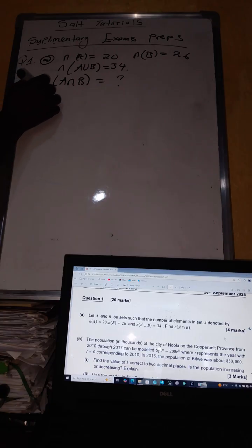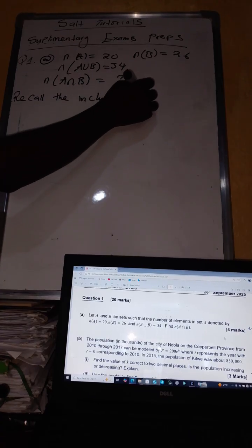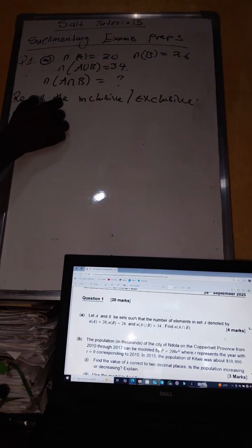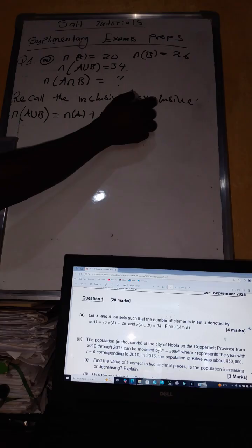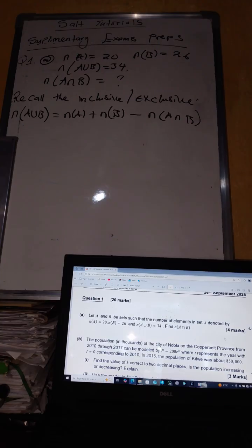Once you know the 2 sets, the next thing you are supposed to do is recall the inclusion-exclusion principle, which says that if we have 2 sets A and B, then the number of elements in A union B is equal to the number of elements in A plus the number of elements in B minus the number of elements in A intersection B. This is the main equation when it comes to the inclusion-exclusion principle involving 2 sets.